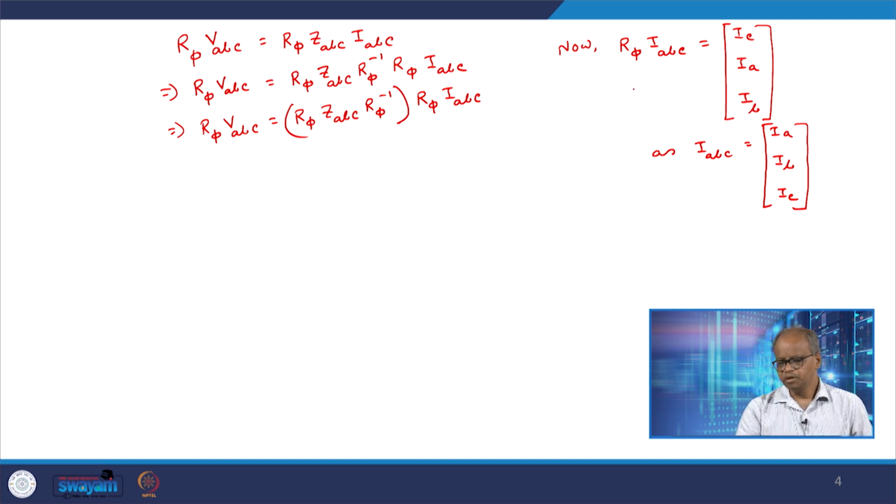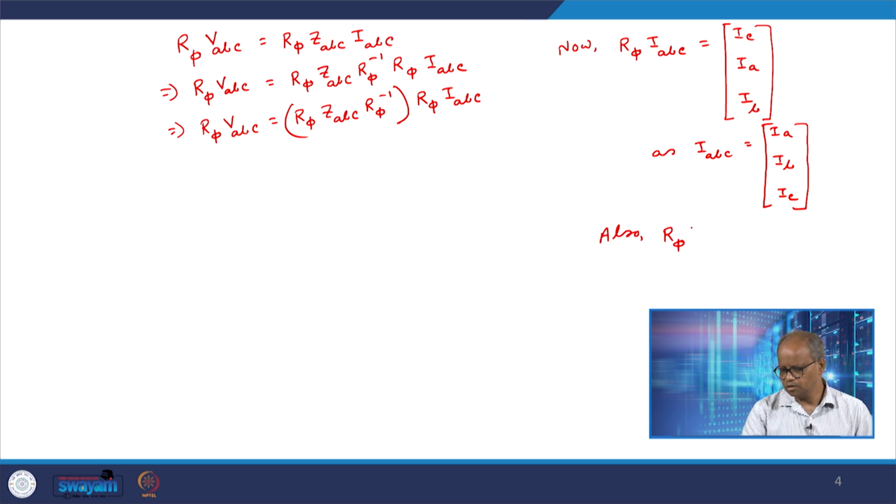The effect of pre-multiplication of this rotation matrix with any vector is to shift the third row to the first position, the first row to the second position, and the second row to the third position. So I_C has gone there, I_A has come here, and I_B has come here. R phi into V_ABC is of course V_C, V_A, V_B, which we have also already seen. So, let us just note it down.